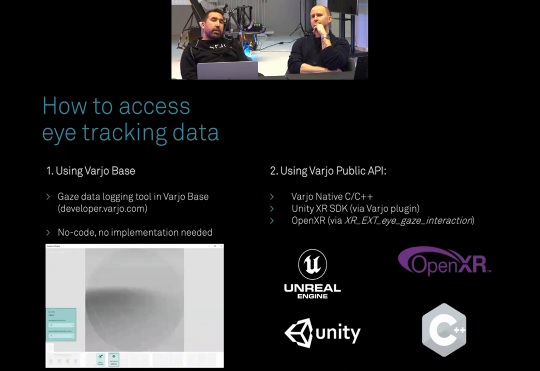This would allow you to get the data, though the OpenXR extension is a bit smaller in scope than what Varjo could actually provide. But you still get the gaze data there, but not exactly all the data that you would get if you used the native SDK or Unity XR SDK.